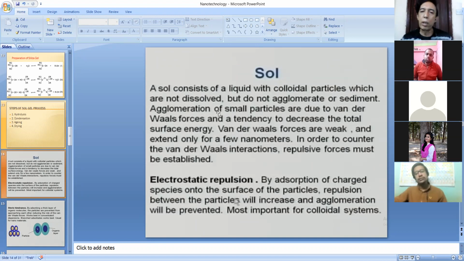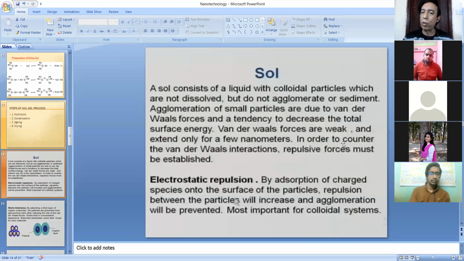So what they tell us is that agglomeration of small particles is due to van der Waals forces and a tendency to decrease the total surface energy. This agglomeration actually decreases the total surface energy, and for that, agglomeration happens.